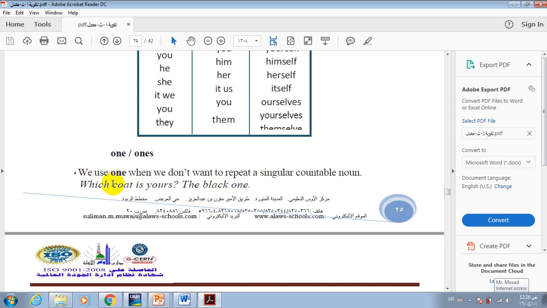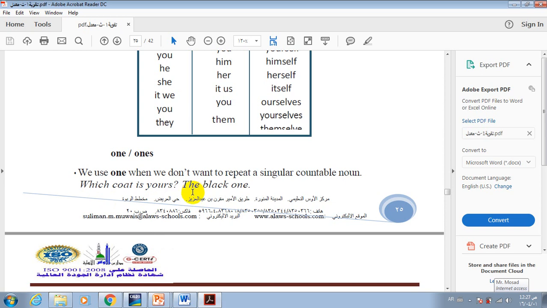And we use ones when we don't want to repeat a plural countable noun. If we say which coats are yours, in this question we say coats and it is a plural noun.